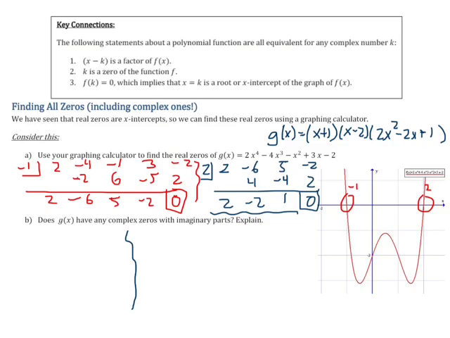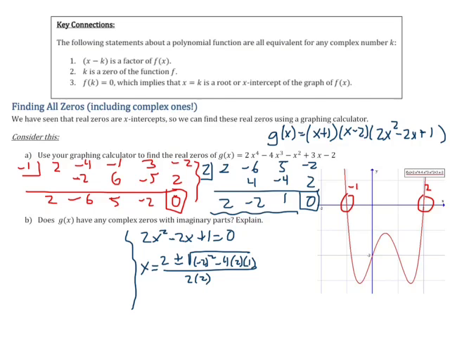Now we need to find out when is 2x squared minus 2x plus 1 equal to 0. And we're going to need to use our quadratic formula for that. So we have x equals negative b, which is positive 2, plus or minus the square root of b squared, which is negative 2 squared, minus 4 times a times c, which is 1, all over 2 times a.